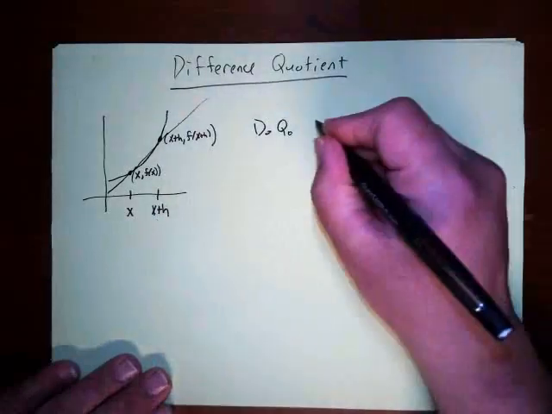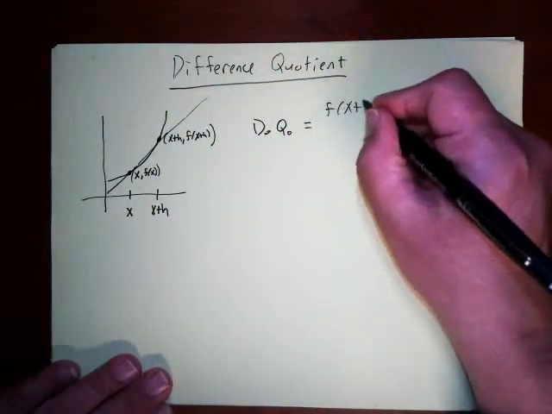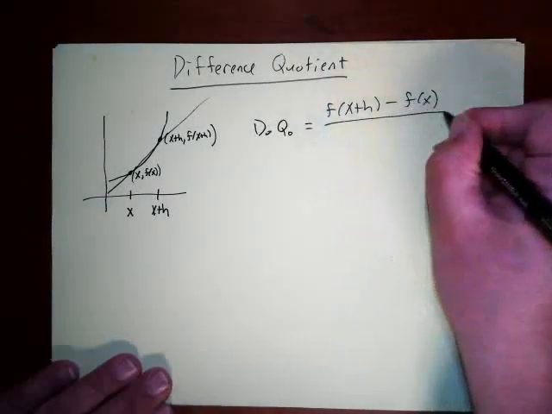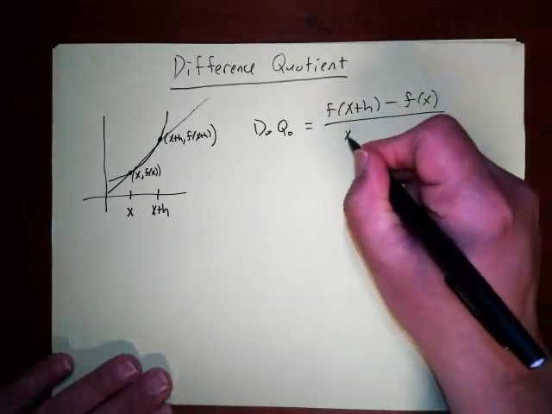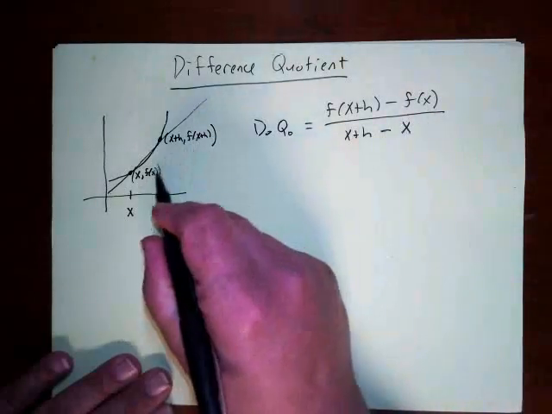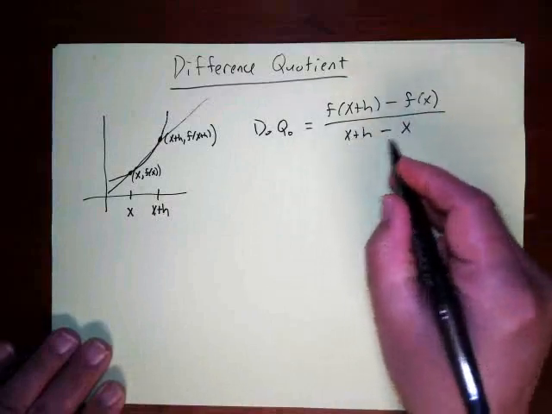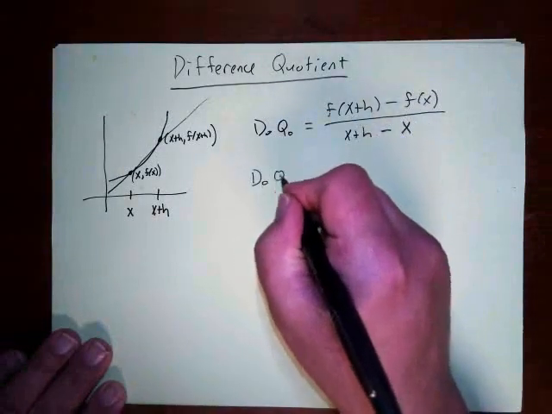It's going to be the difference in the y values over the difference in the x values. So f of x plus h minus f of x, and then this would be x plus h minus x. So that's the difference in the y values over the difference in the x values. And we see already we can simplify this and make our difference quotient here.